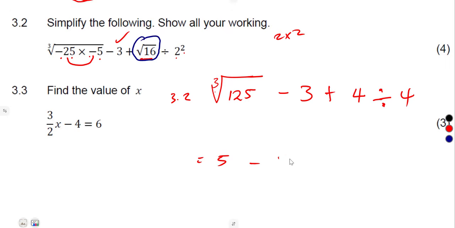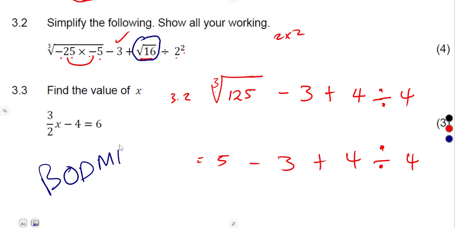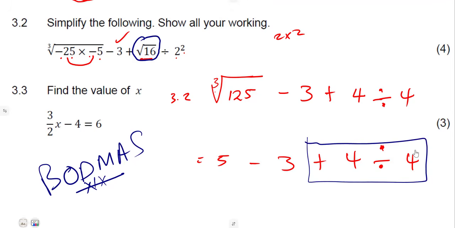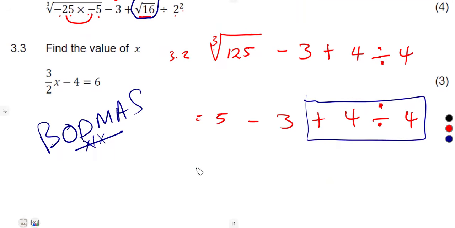Minus 3 plus 4 divided by what? Divided by 4. There's a division here. So we can use our BODMAS as we can see all the numbers properly. So BODMAS, do we have brackets? No. Division, multiplication, there is a division here. Plus 4 divided by what? By 2. That's a division. So that's going to be 5 minus 3. 4 divided by 4, that's 1.